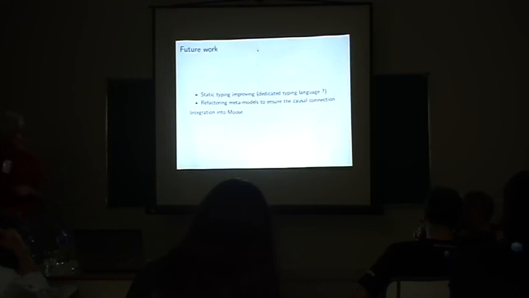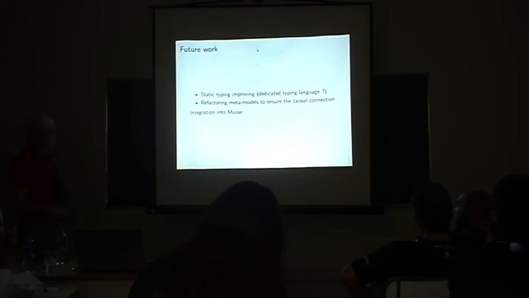So we have to work on this aspect. Our future work: we want to improve the static typing. So maybe reuse part of Express. Express is very interesting for the definition of entities, but maybe use a dedicated language for the type of expression and function if possible.